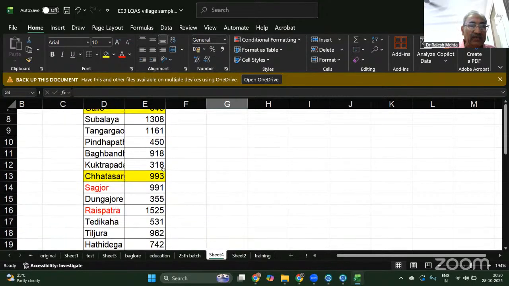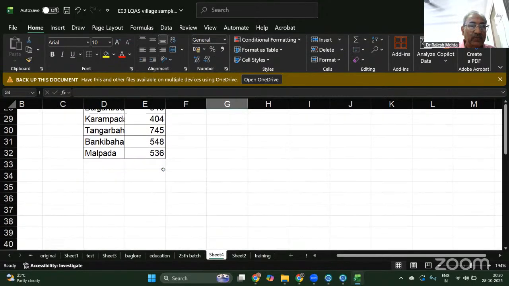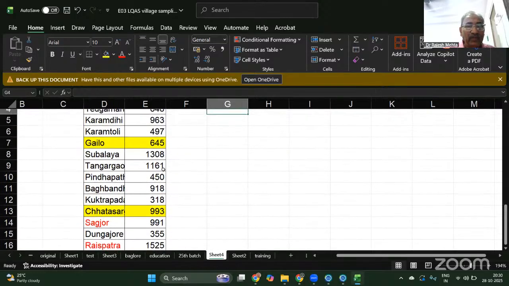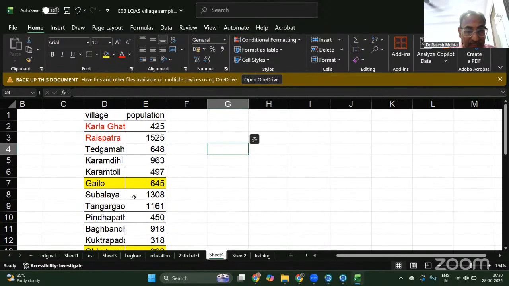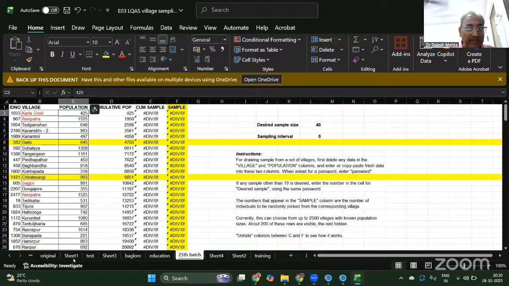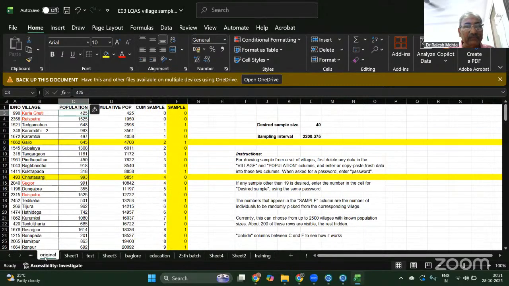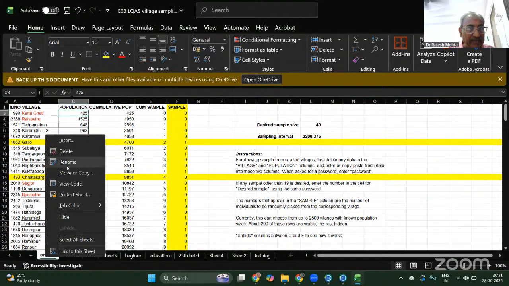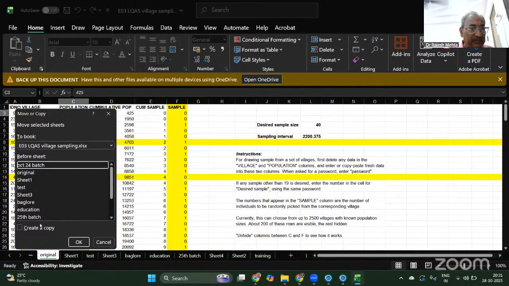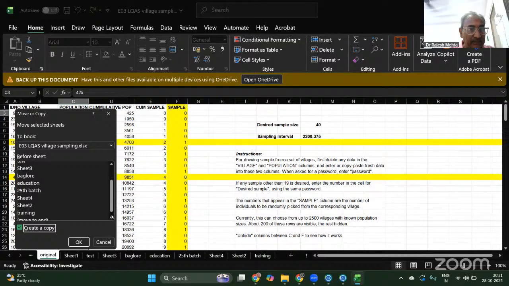Once that is done, what you are supposed to do is, the original file is given to you, and this original file is over here. You can copy the original file, move or copy, copy here, move to the end.